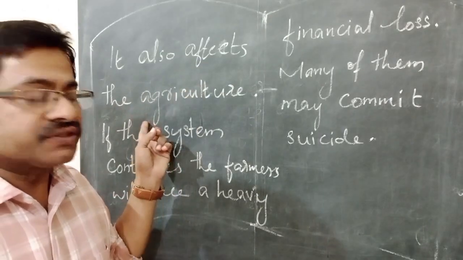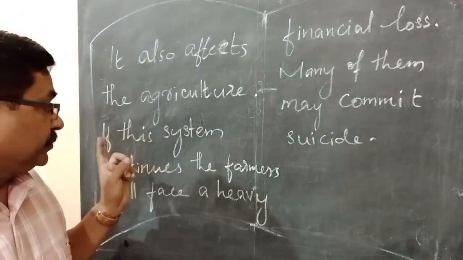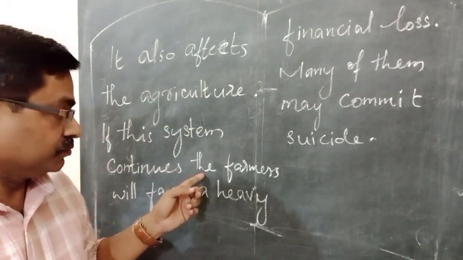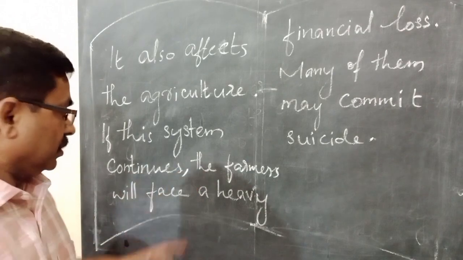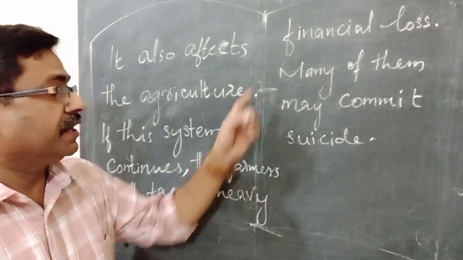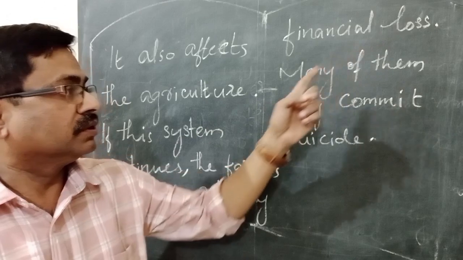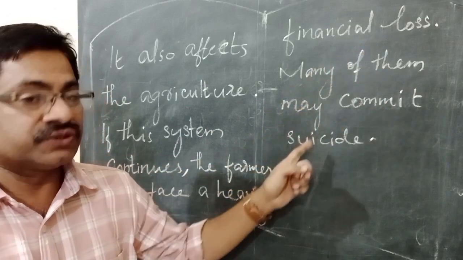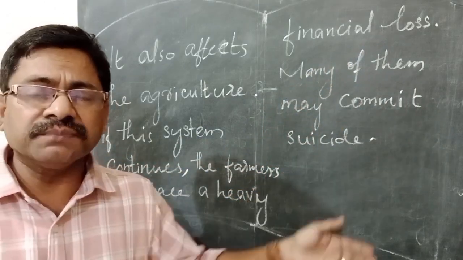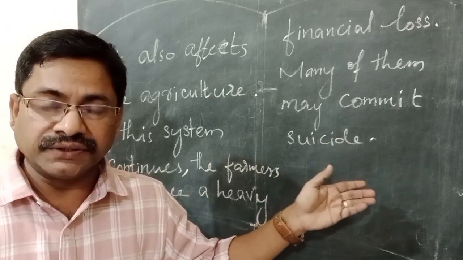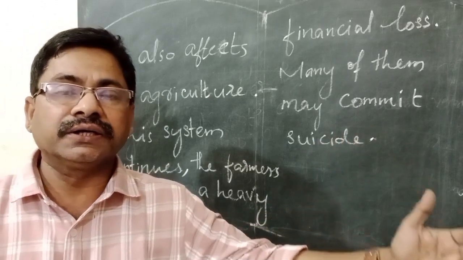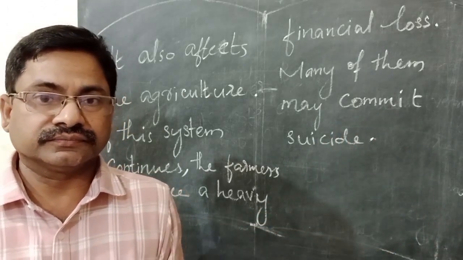It also affects the agriculture. If this situation continues, the farmers will face a heavy financial loss. Many of them may commit suicide. And some similar problems you can write here, and then you can conclude your letter.